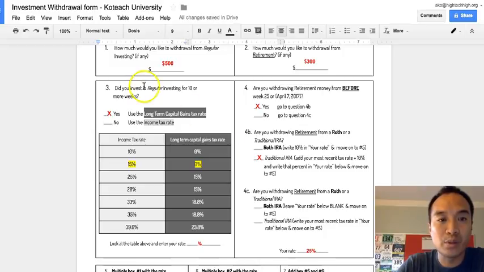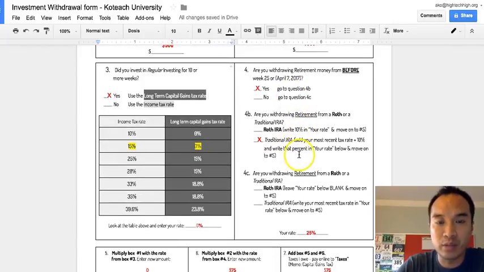All right, question 3 is, did you invest in regular investing for 10 or more weeks? They chose yes. So they're going to use the long-term capital gains tax rate, which is right here, 0%. So they're going to write right here 0%. Now we're moving on to question 4.